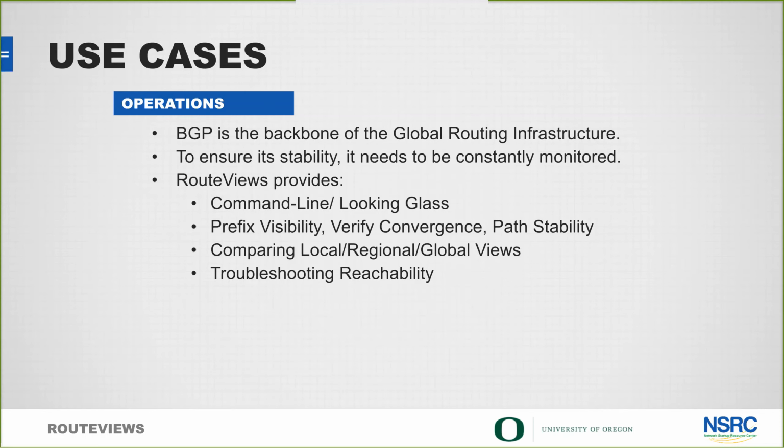We give you that command line looking glass access. We give you the ability to look at convergence and path stability or prefix visibility, all of those things. And because we have so many different vantage points across the globe, we have that global view of the interesting bits within the routing infrastructure that you're looking for.